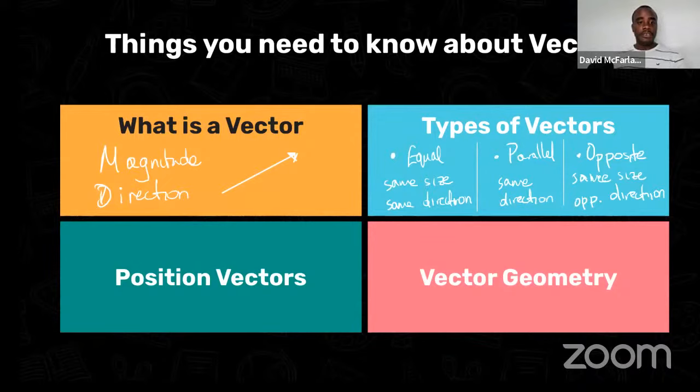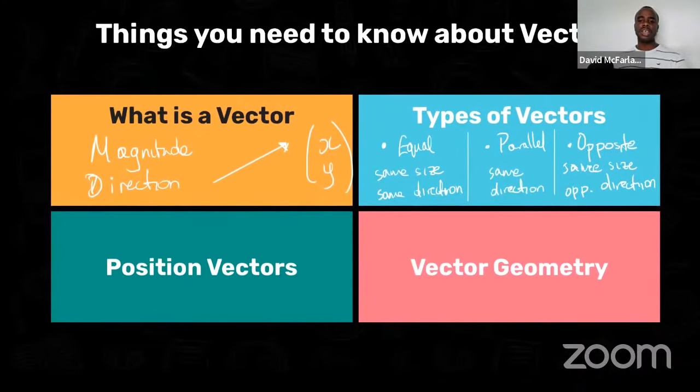Now, when we talk about a vector, it can be written in this form, where the movement in the x direction is at the top and the movement in the y direction is at the bottom. Probably you guys would have seen that before.